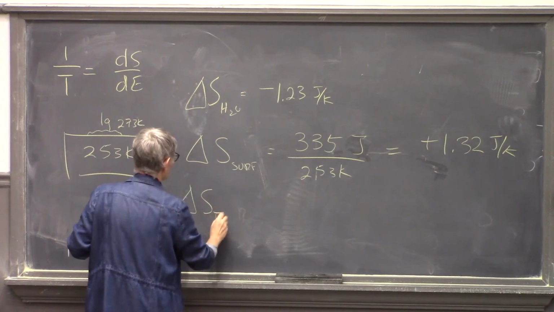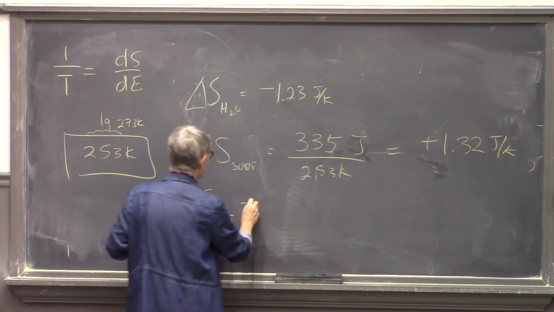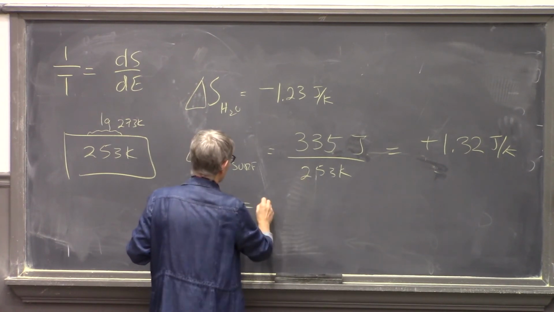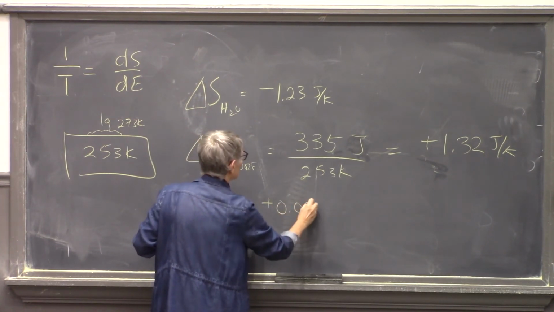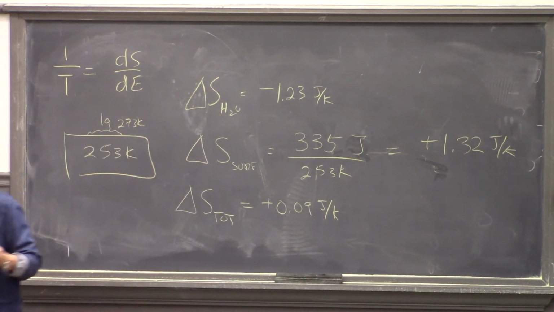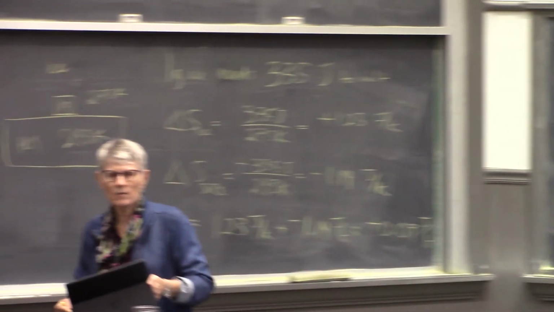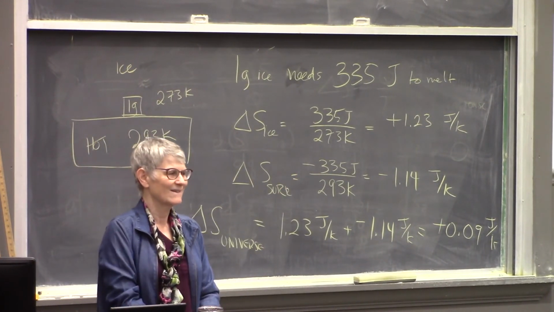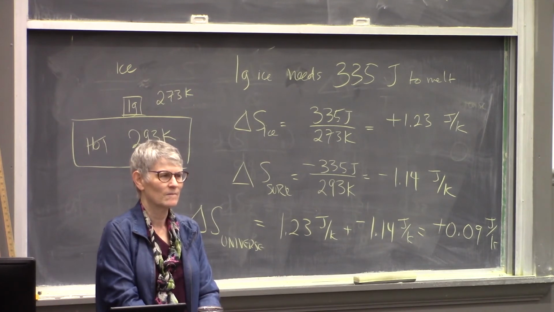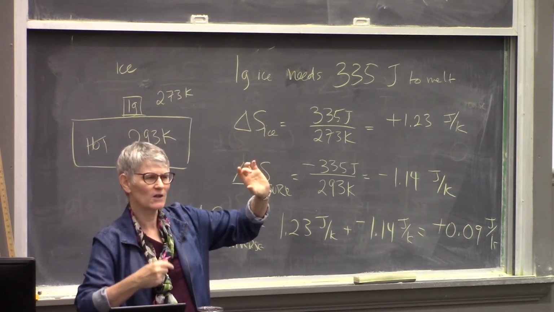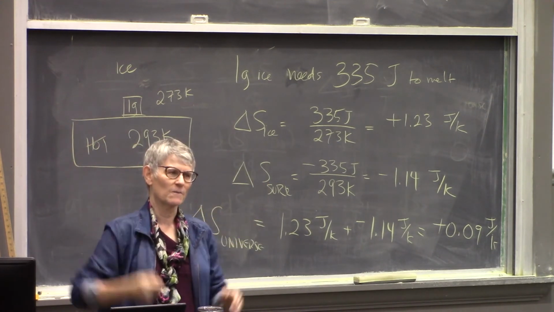And so the total change, system plus surroundings, turns out to be a plus 0.09 joules per Kelvin. So no matter which way you're going, the entropy of the universe seems to be increasing, even though for things within your system, entropy can go down for one thing and up for another.